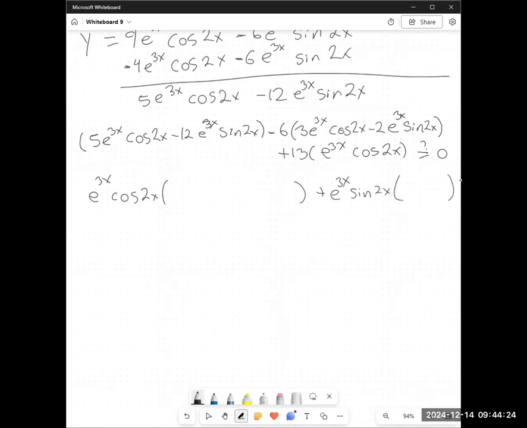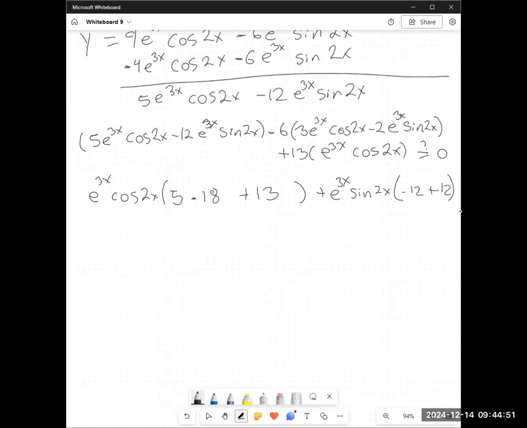So we have 5 for the cosines there, minus 18 for the cosines there when we take negative 6 times positive 3, and we have 13 there. And then we have negative 12. And then negative 6 times negative 2 is a positive 12, and we have no sine terms here.